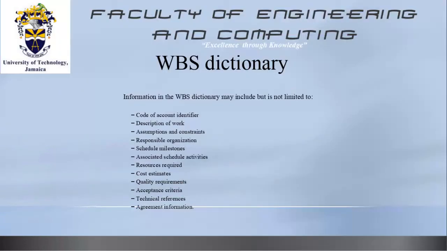You need to describe in the WBS dictionary each activity, just a brief description. For example, just now we wanted to procure a motor. You would just give a brief description of the motor. The description you're going to give will be the specification. Specification would normally include things like your voltage, things like the power output.